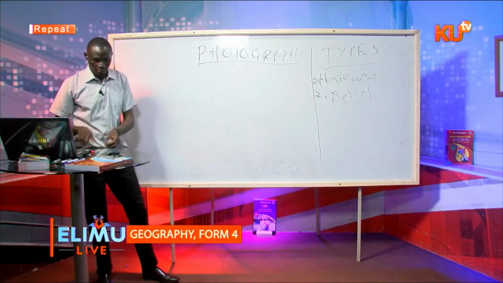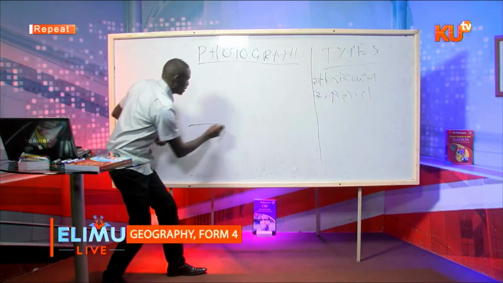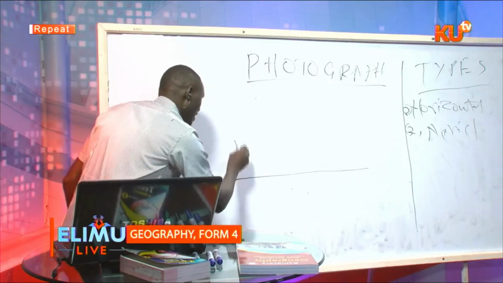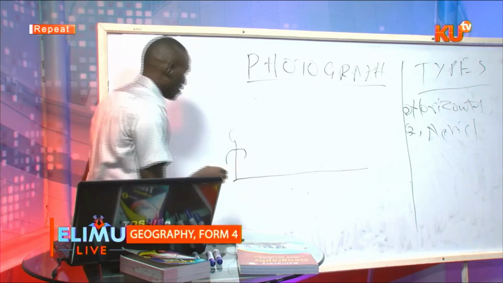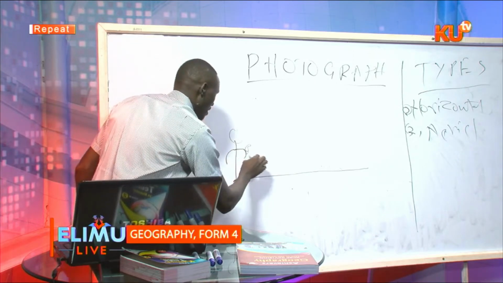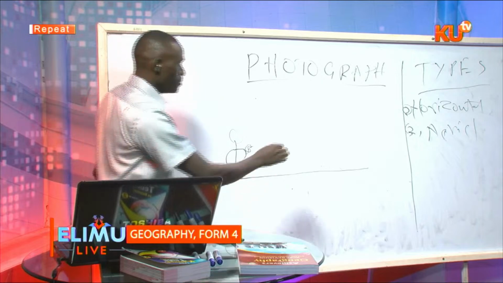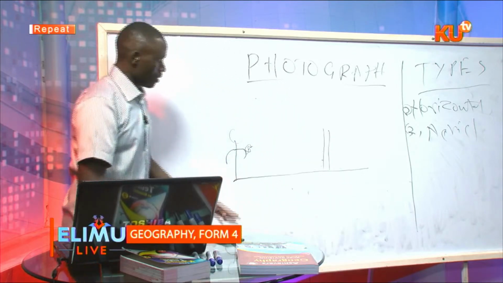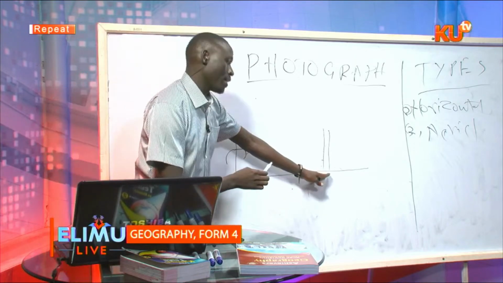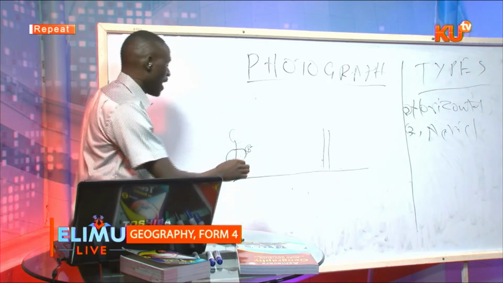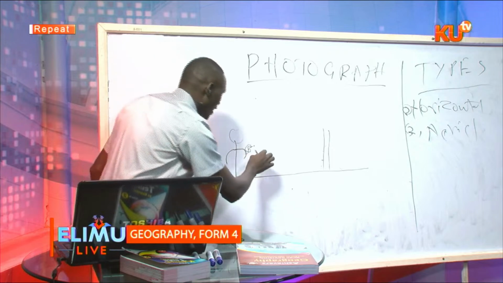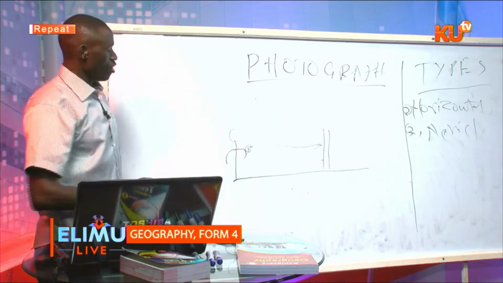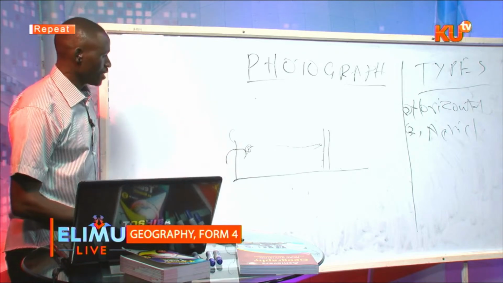In other words, if this is our ground, and the cameraman is standing here, let's say this is our man with a camera, the object will be horizontally placed, meaning it is at the same level with the photographer, and then it will be projected towards the object. That is horizontal.